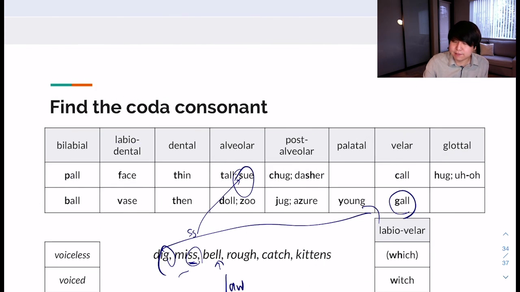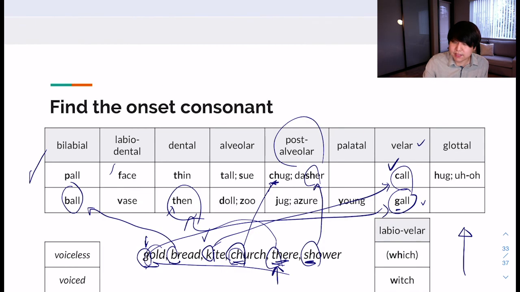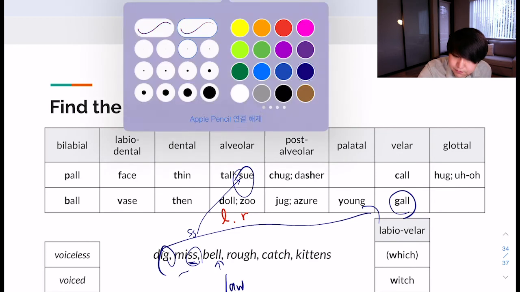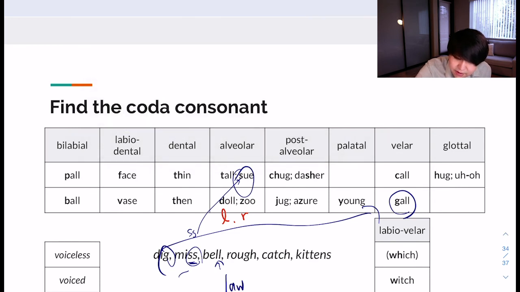I didn't put that in the table, sorry. It's also alveolar. Where is it? L. Okay, l and r. So bell ends with the l sound over here.